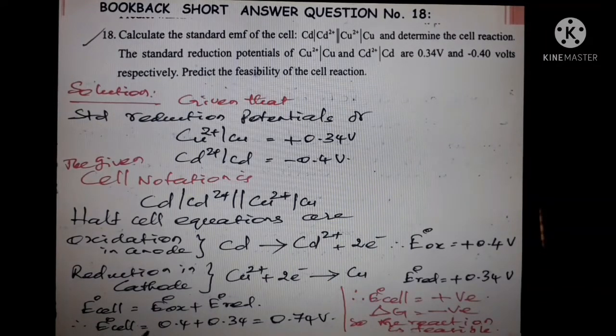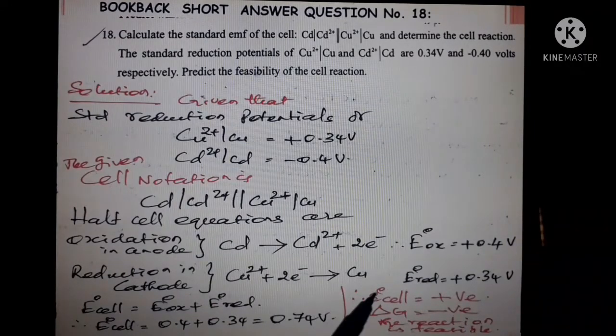E0 cell is equal to 0.4 plus 0.34, which is 0.74 volt. This is the total EMF value, and it is positive. According to thermodynamics, delta G is a negative value, so this reaction is feasible.